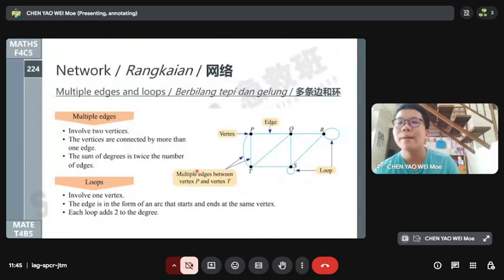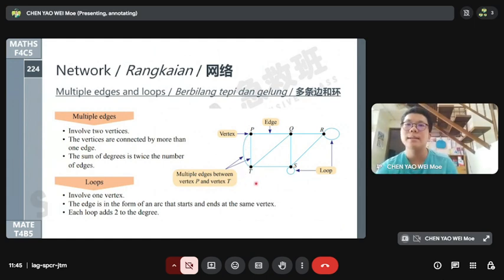There is a more complicated graph with multiple edges and loops. Multiple edges involve two vertices. First, we have one line here and another line here. It means these two vertices have two of the same relationship, but their positions are different.